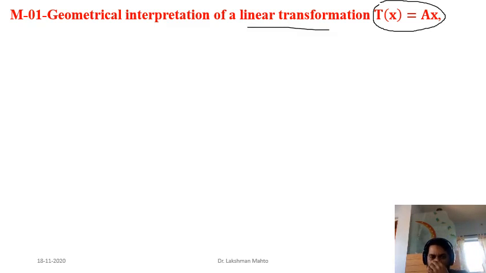If you apply a transformation over a very specific kind of vector, it is just changing the magnitude but not the direction. One example I had already told: reflection with respect to a line in R2.